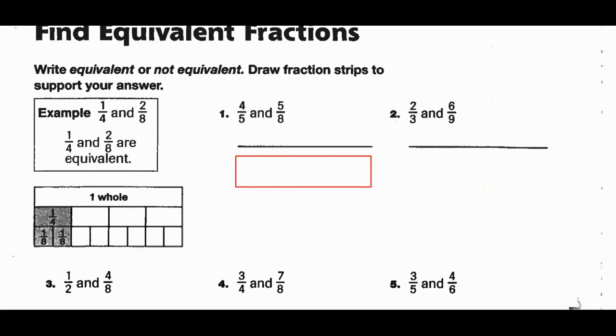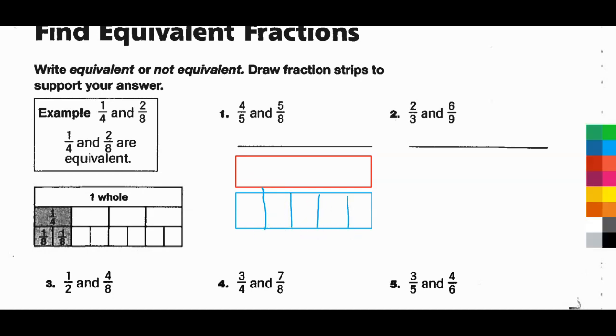And I'm going to make another one. If I'm doing this, you should be doing it, right? Because I'm showing you. The 5/8 is the bottom one. The top one is 4/5. Sorry, hold on. The bottom I divide in eighths, so there should be 8 sections in the bottom one.